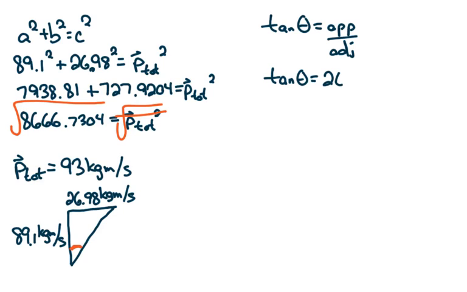Opposite side here, 26.98. Adjacent, 89.1. Put that into the calculator. Remember, keep it in degree mode for this. We will get 17 degrees.